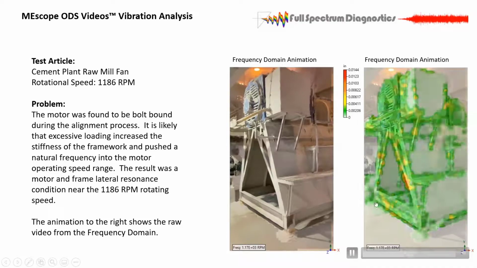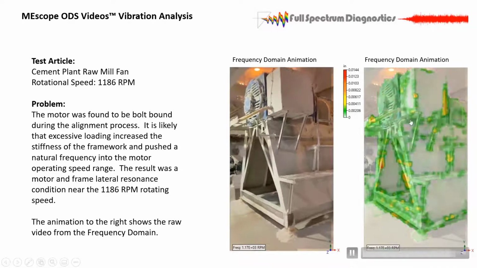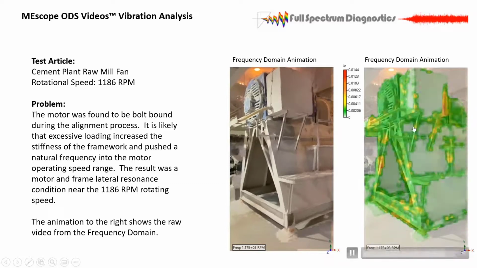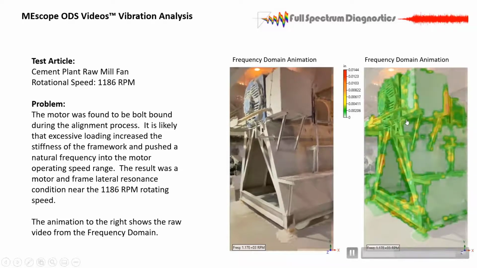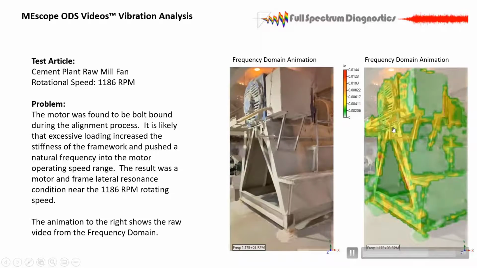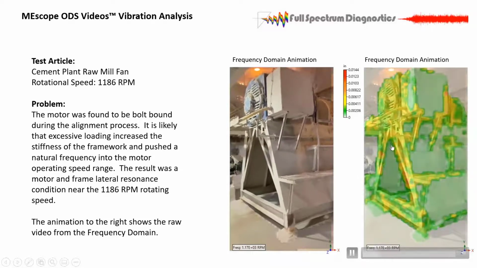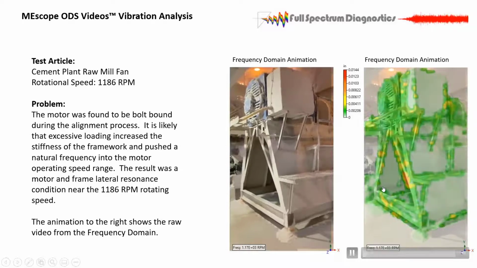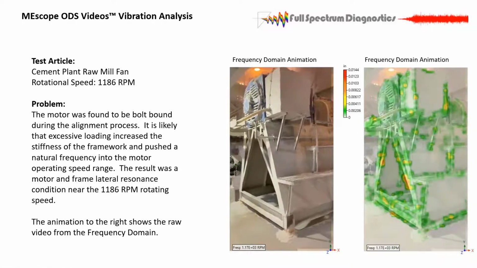on its isolators. This was a bolt bound unit, and I believe what happened, or was continuing to happen, is they were loading it to one end so far to get their alignment that they stiffened up this A-frame, and they ran into the natural frequency and it started shaking.